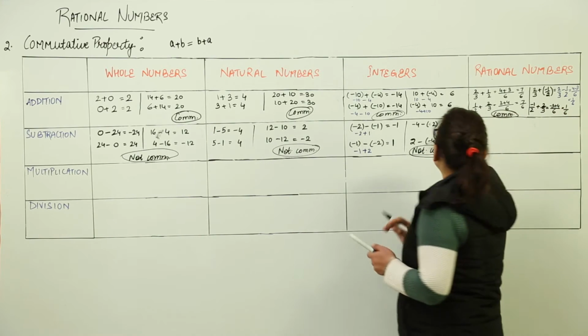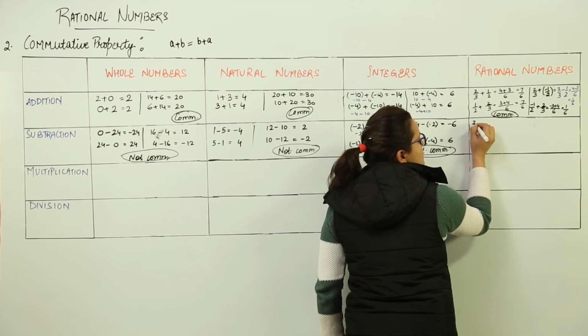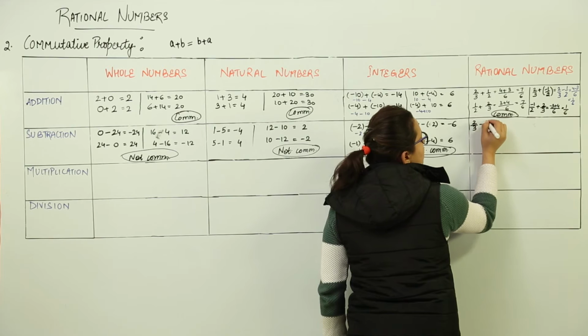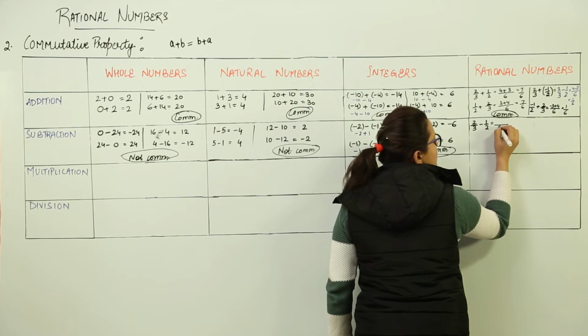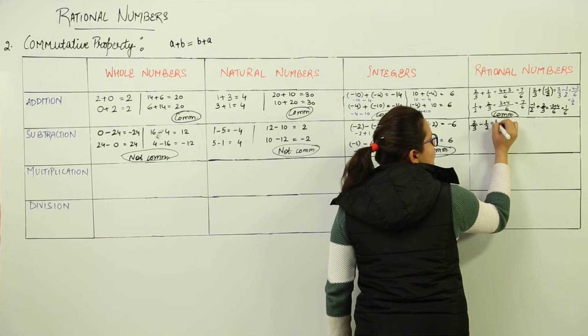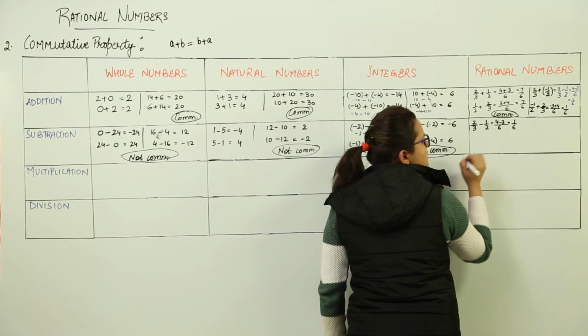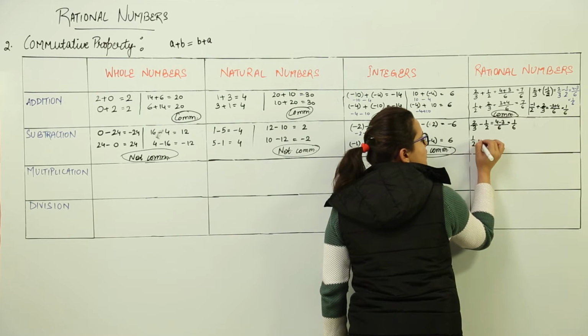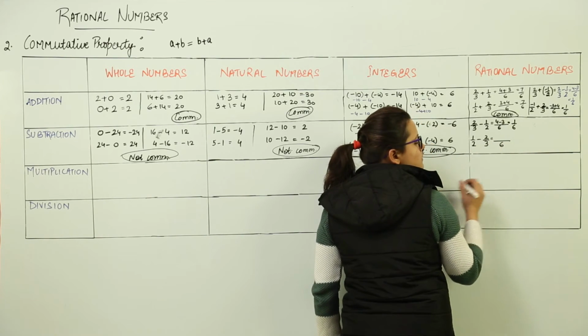Understood? Now the last case in this category is for rational numbers. Let us discuss 2 upon 3 minus 1 upon 2. We take out the LCM 6. 4 minus 3. Your answer comes out to be 1 over 6. But if you reverse the order, that is 1 by 2 minus 2 by 3, the LCM would be 6.